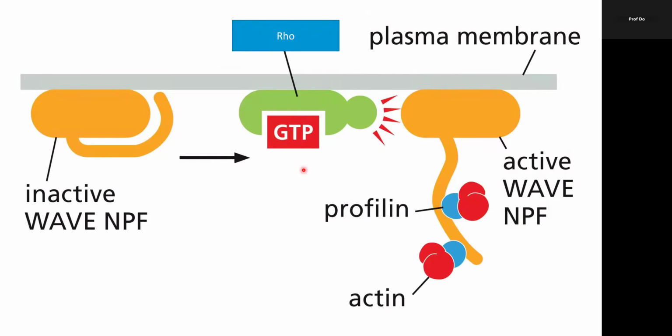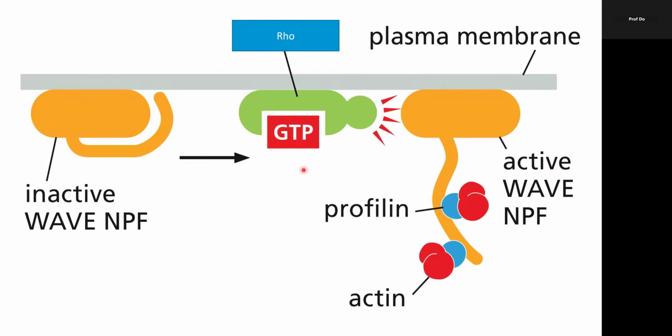And these last several bits right here, mechanistic wise, you have inactive WASP NPF, you have your Rho protein, and you have GTP. Now, guess what Rho is? Rho is a protein that holds your guanine nucleotide. What's that role going to do?